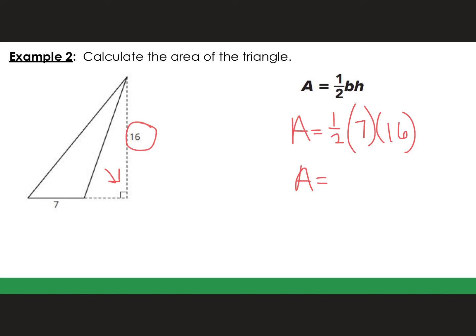So 1/2 times 7 times 16, that is 56. Since I don't have units here, I do still need to indicate it's an area, so I can say units squared.